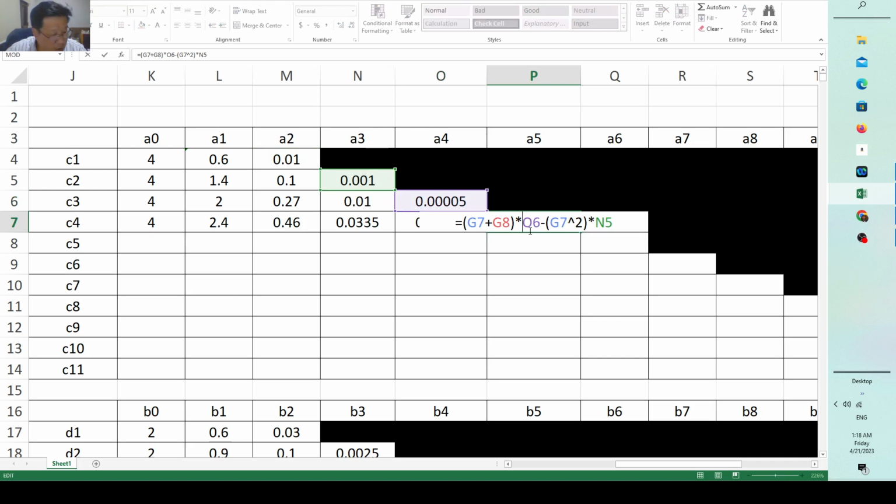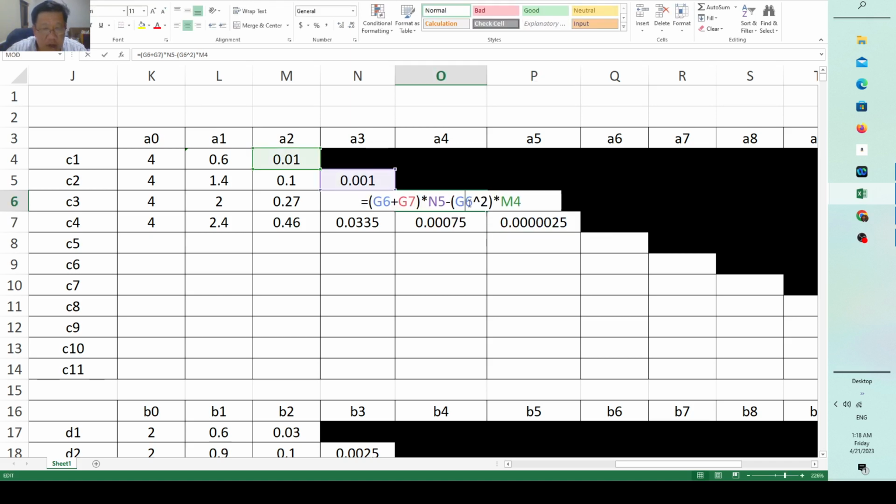This one multiplies O6, because this one multiplies N5. N5 is here, O6 is here. So it just moves the relative location of the data, row by row like this. And this one times M4 over here, this one has to times N5. So this is the formula here.